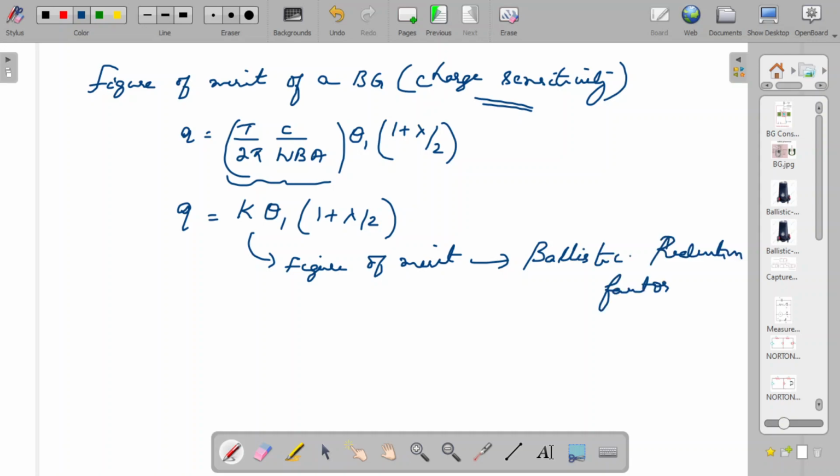Now our aim is to define what it is. As we have defined the current sensitivity and voltage sensitivity, it is the same. How can I define the charge sensitivity?